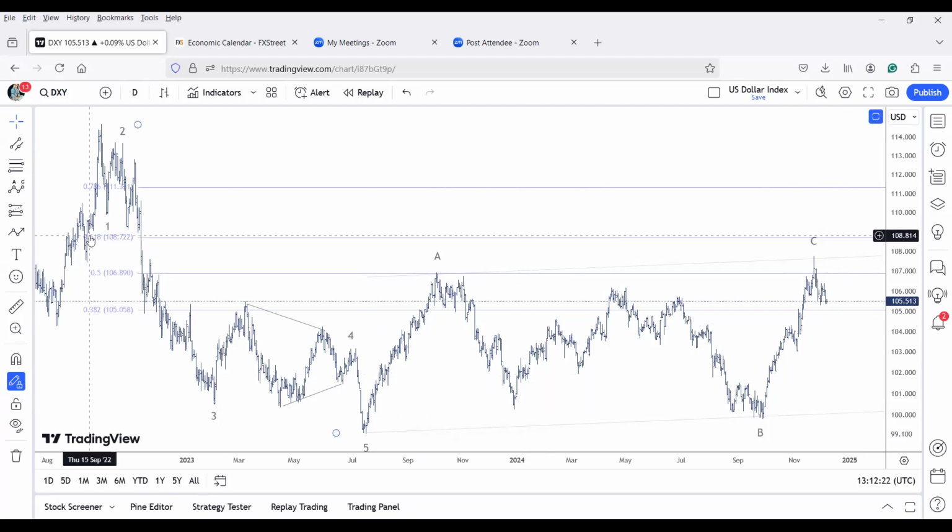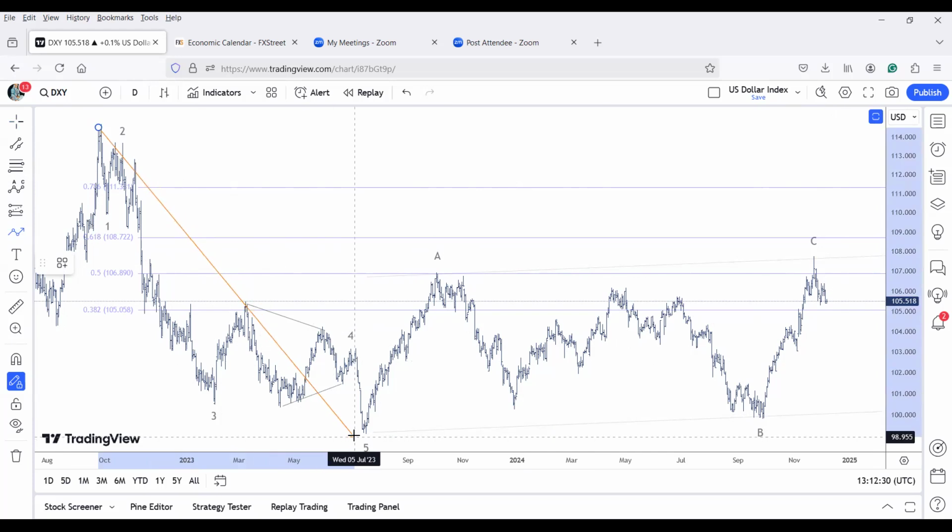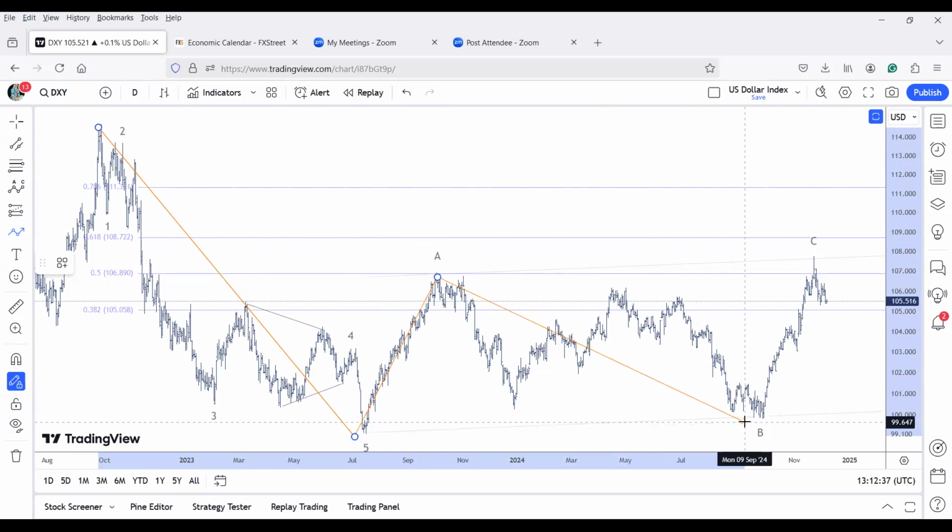All right. So the overall trend, when you are done with the daily chart or a weekly chart, 90% of the time we should be good with the overall trend. So the larger degree trend is going to point lower from here in 5 waves.